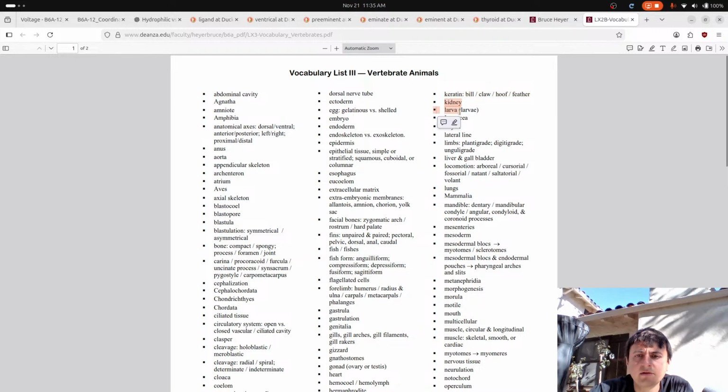kidney, larva, larvacea, larynx, lateral line, limbs, plantigrade, digitigrade, unguligrade, ungulate probably, liver and gallbladder, locomotion, arboreal.